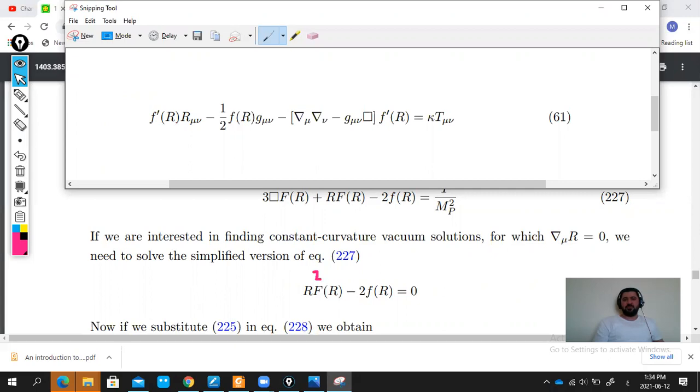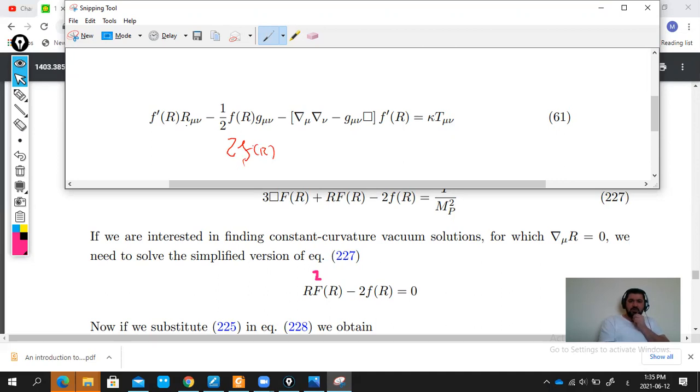So here you have F prime R with R. For this one, you have F prime R, R. Yeah, now look, multiply this one by G mu nu, that will be 4 with 2, so 2FR.